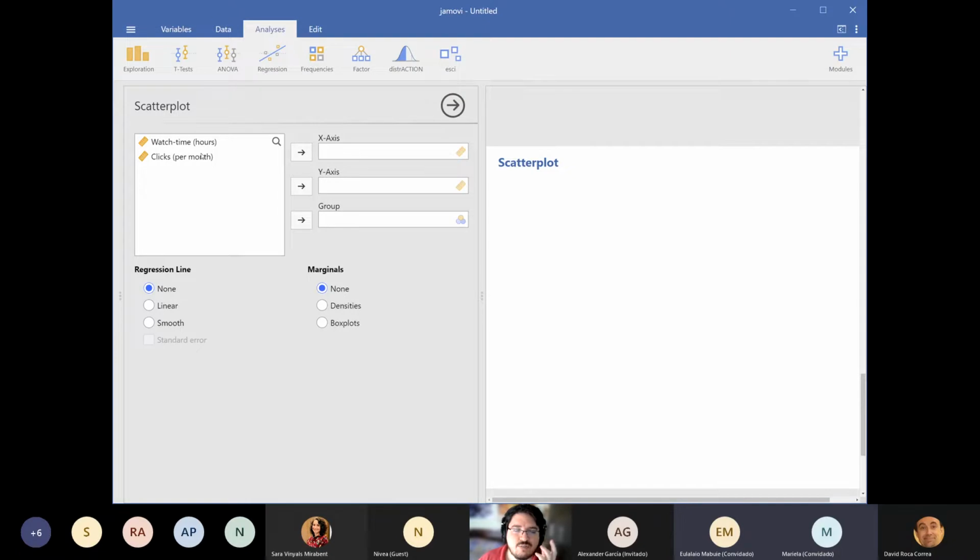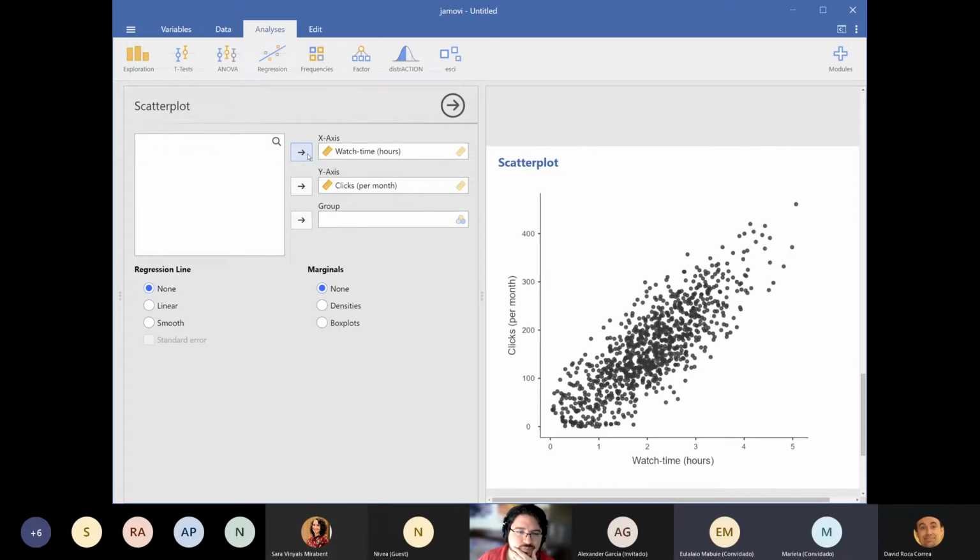But we can decide from the beginning that clicks is the thing that we care about, the dependent variable, the thing that depends on watch time of the advert. So we're going to put this on the y-axis as response, but not relevant in this step, and in the x-axis, the watch time, okay?